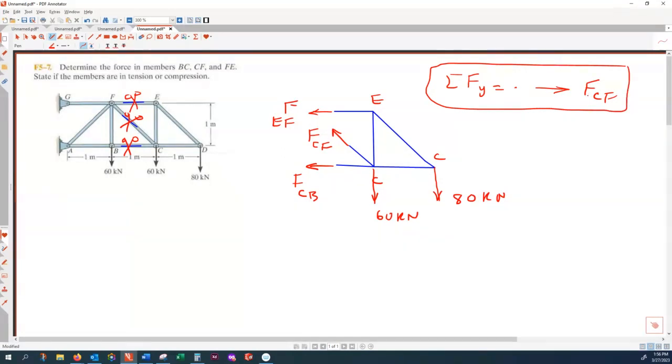So this is an easier start. And then according to Nguyen, I make rotation about C. If I take rotation about C, yes, rotation about C is good.